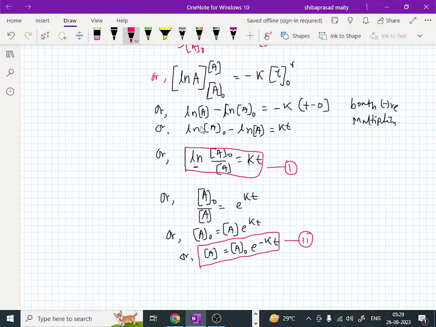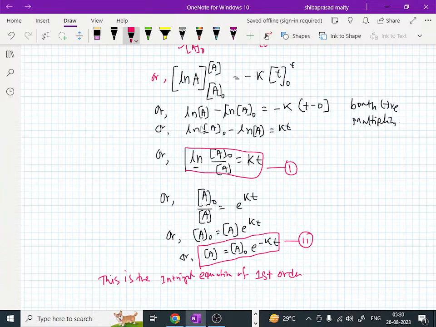All the equations are the same but look different. These are the integrated equations of a first order reaction.